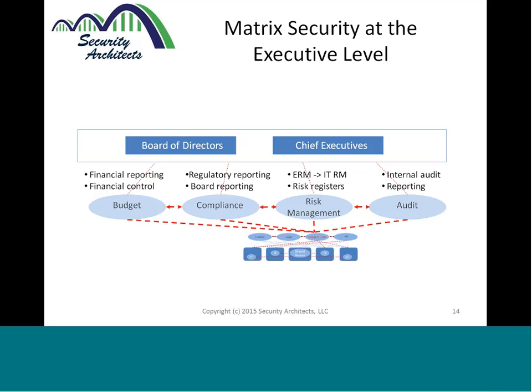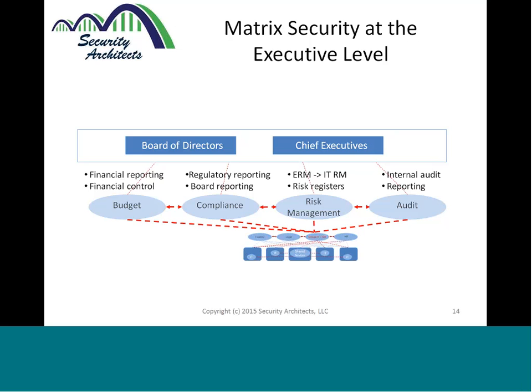Compliance handles regulatory reporting and reporting to the board of the compliance programs that are being implemented throughout the enterprise, and the compliance policies and whether they are adequate or not, whether compliance is being addressed over in the Risk Management Council, which should blend enterprise risk management with IT risk management and maintain some risk registers that roll up security dashboards from lower down in the enterprise, taking all the vulnerability reports and the surveys and the audits and so forth to roll up risks.